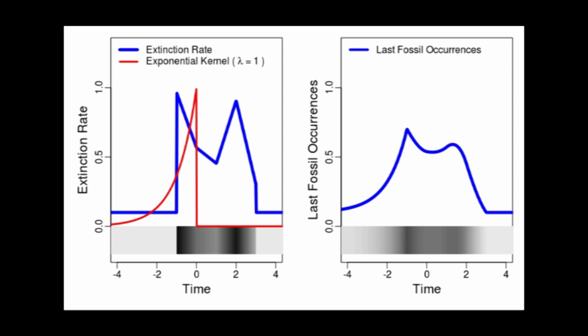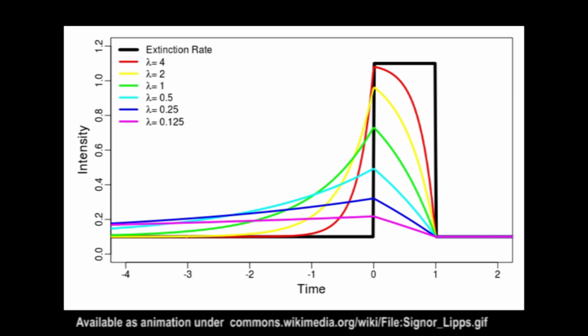This can be used in a variety of different ways. Here, for example, the same extinction rate is convolved with different exponential kernels with different parameters that are commonly denoted lambda. And this lambda corresponds to how many fossils we find in the field.